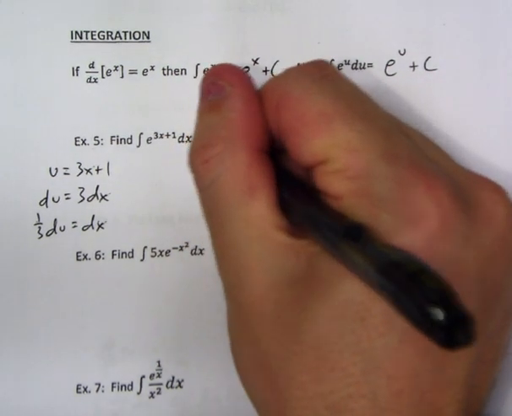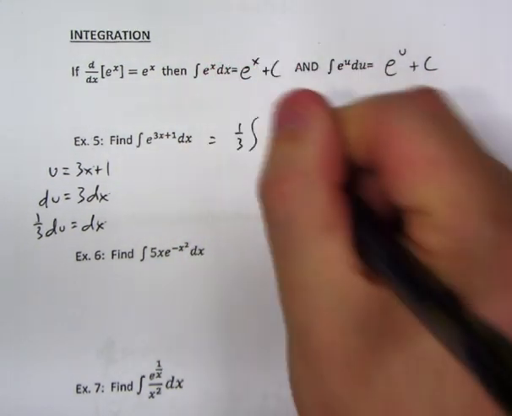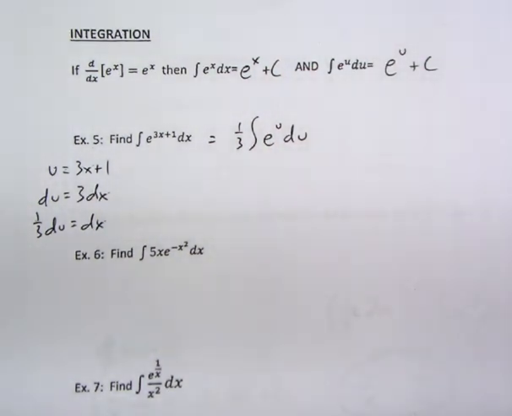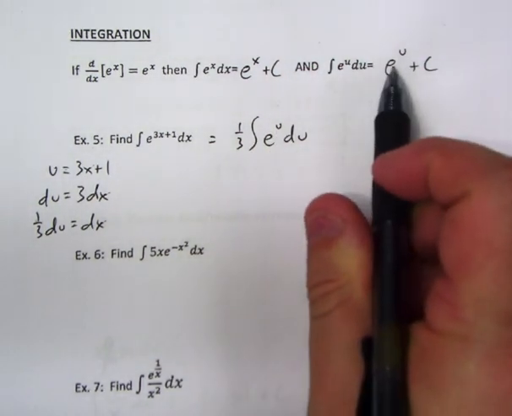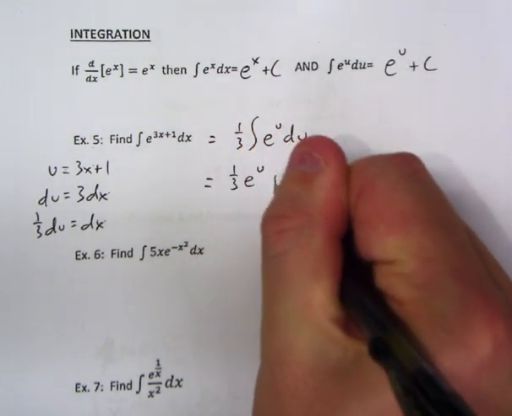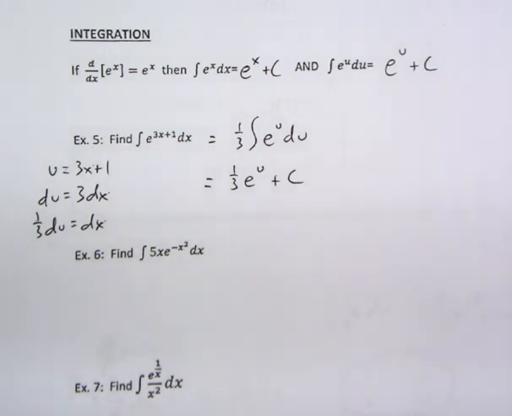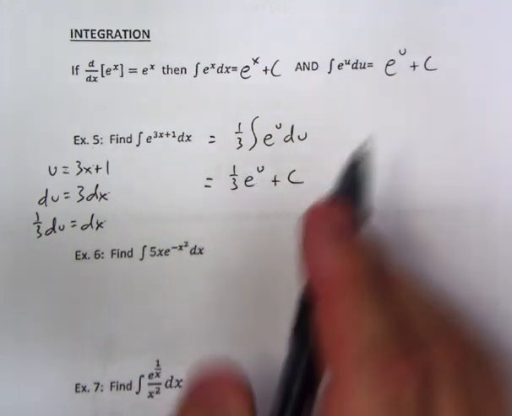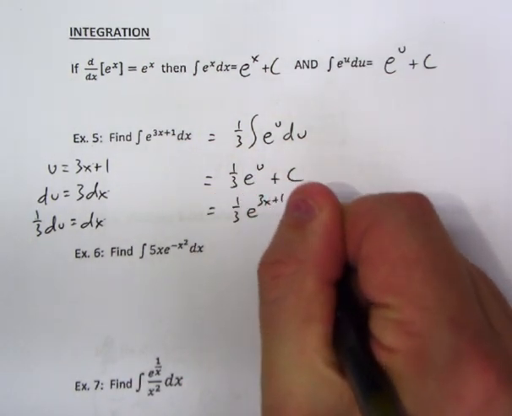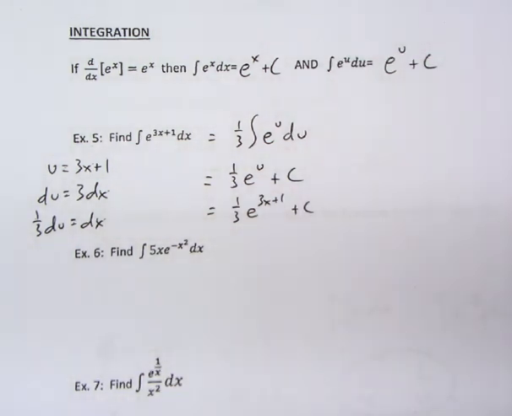And then you get 1/3 the integral of e to the u du. And the integral of e to the u is just e to the u. It's exactly as you see it. And don't forget plus c. And then you just plug in 3x plus 1 back for the u. There it is.